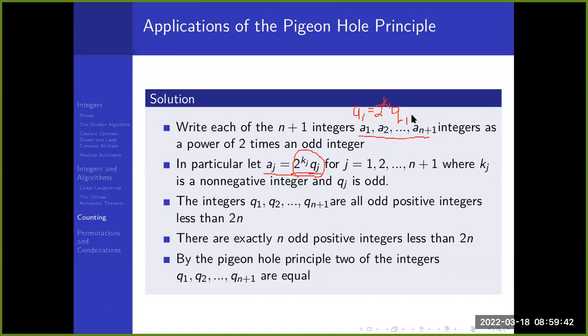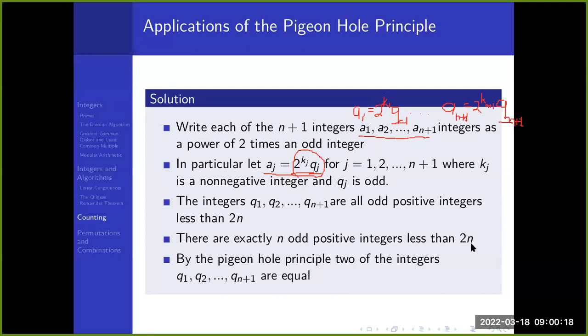This will continue like this until we reach the last one, so that a subscript n plus 1 will also be written as 2 raised to some power, subscript n plus 1 down here, multiplied by some odd number, which we call q subscript n plus 1. So there are n plus 1 of these numbers.